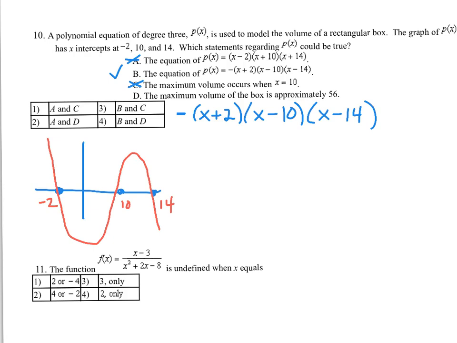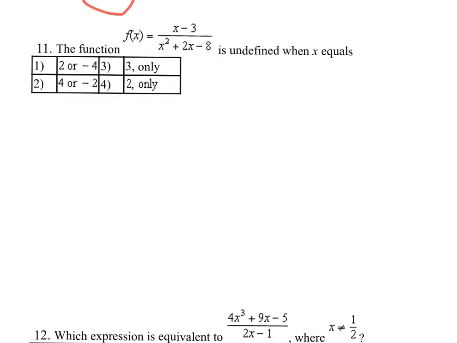All right? So when I do that, I ended up with this point up here was 12.1407. That was the X value. And then the Y value was 56.28. So you can see then the maximum volume of the box is approximately 56. So that's true as well. So the answer is choice 4.